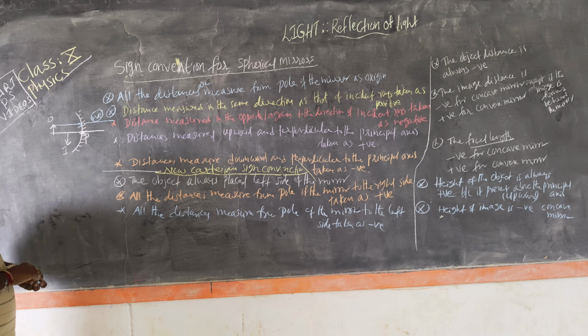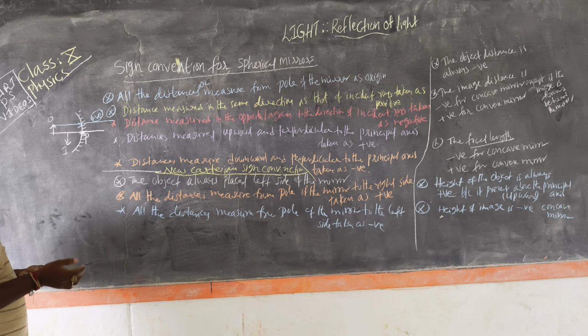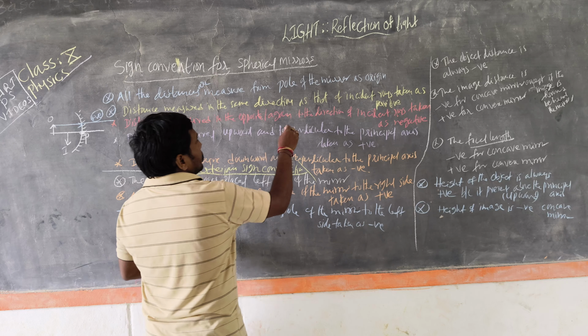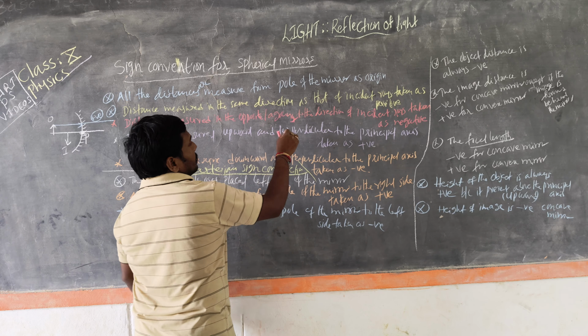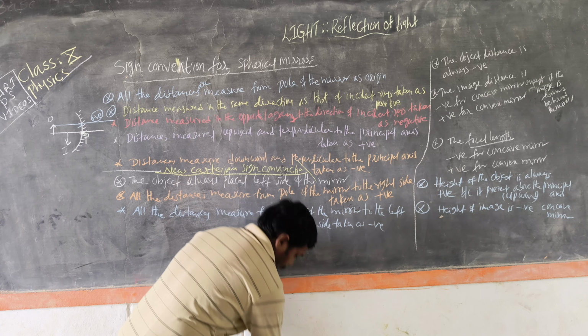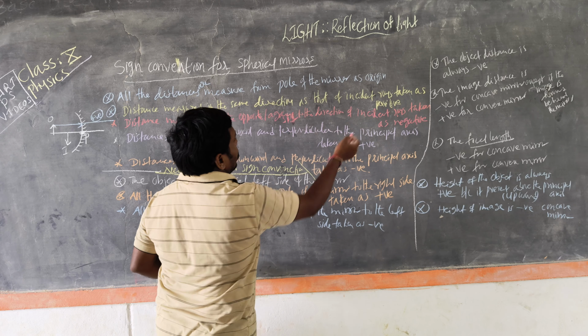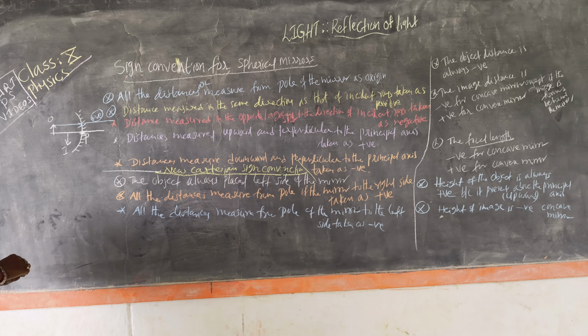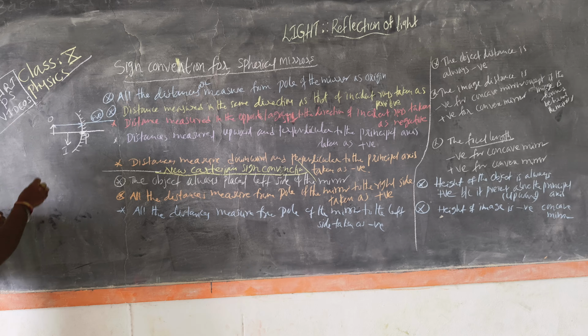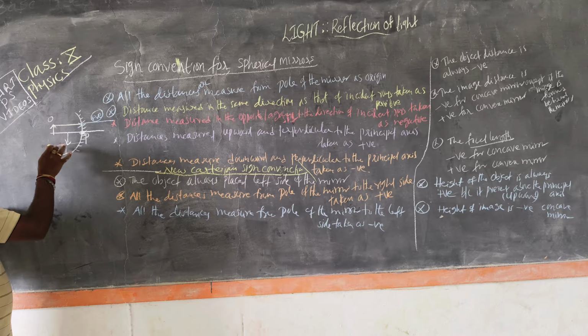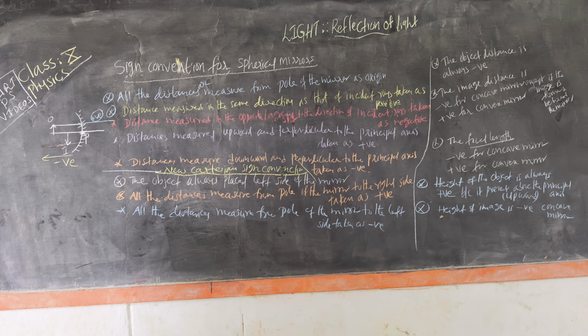Distance measured against the direction of incident rays is taken as negative. These are the opposite side of the incident rays, so such values are taken as negative.